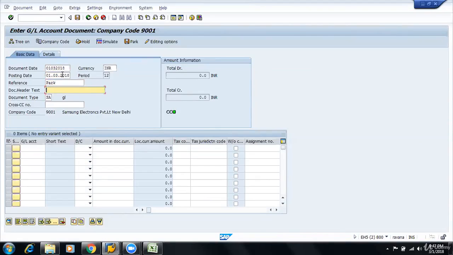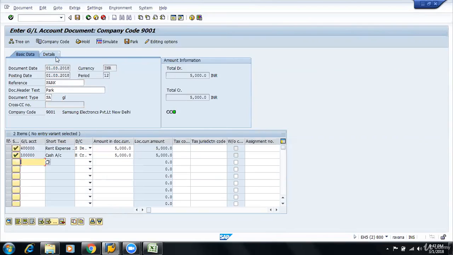This time I have a heading park document. Document type being SA, let it be. GL account, fine. I'm fine with these accounts always. Amount this time I can take as 5,000. I have already posted a few transactions with 1,000 rupees. Let's post with 5,000. No hard and fast rule anyways.